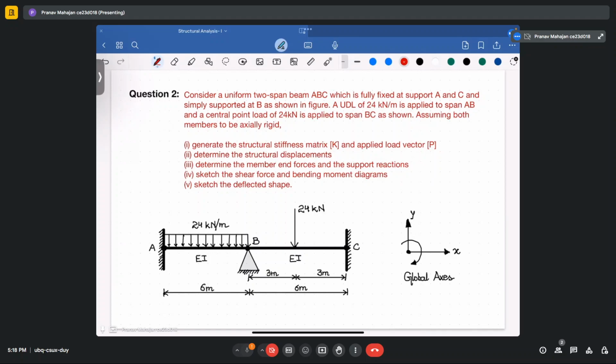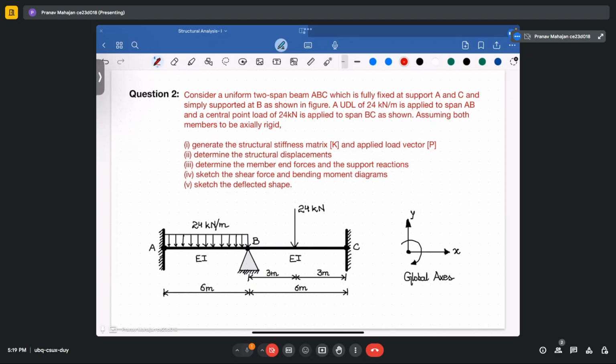The question says: consider a uniform two-span beam ABC, which is fixed at support A and support C, and simply supported at B as shown in the figure. Now a UDL of 24 kilonewton is applied to the span AB, and a central point load of 24 kilonewton is applied to the span BC.